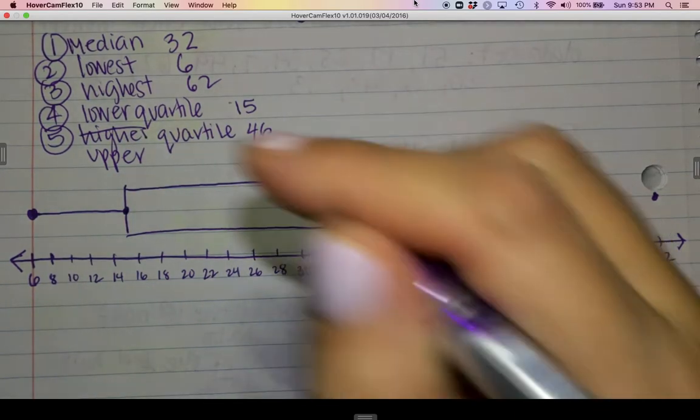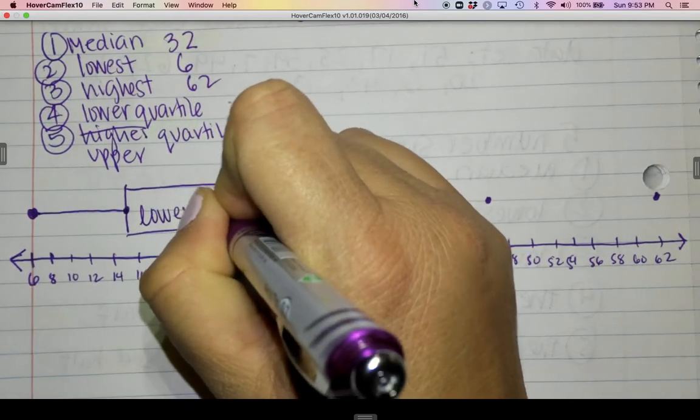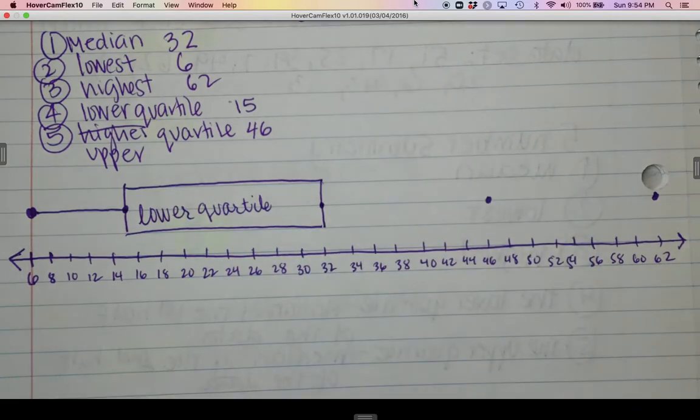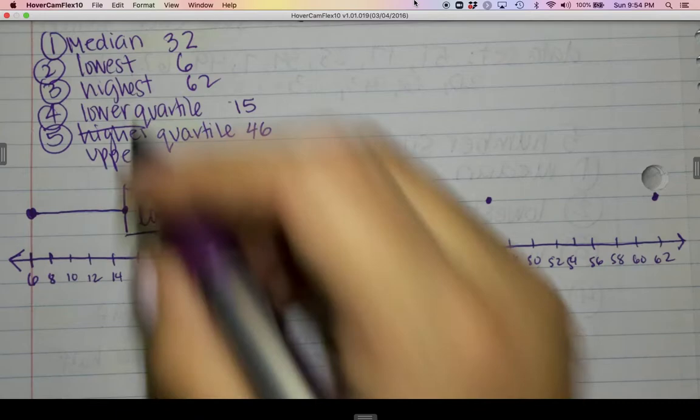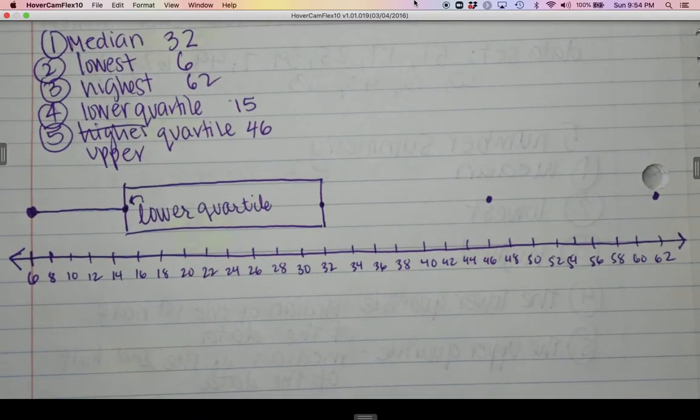This box represents the lower quartile, I think. Well, this is the lower quartile, this dot, right? This dot is the lower quartile.